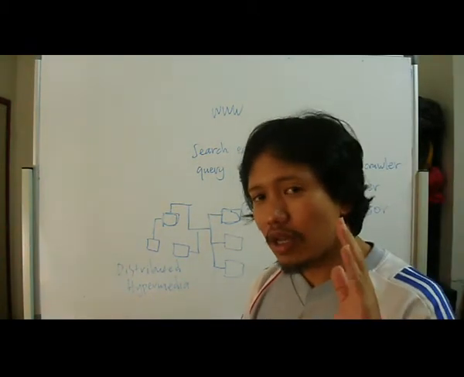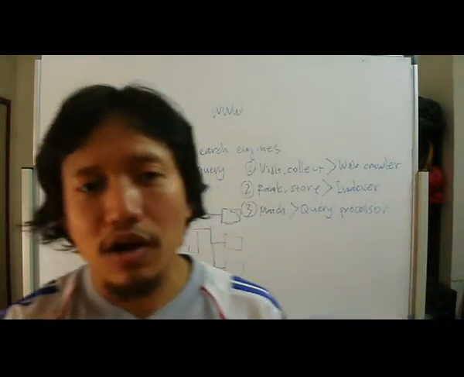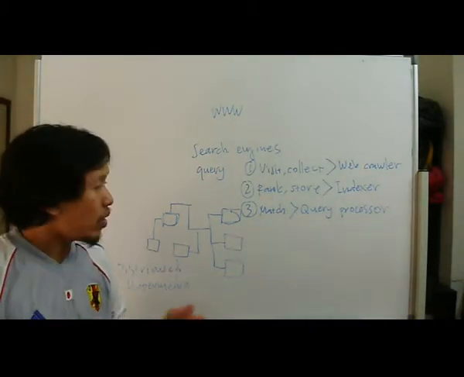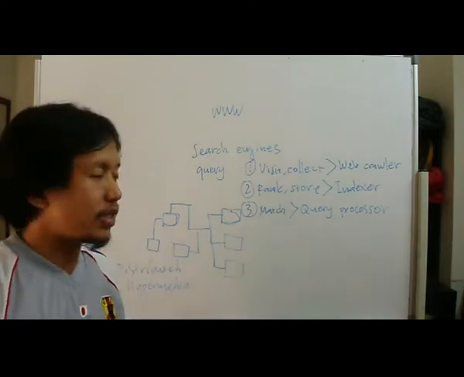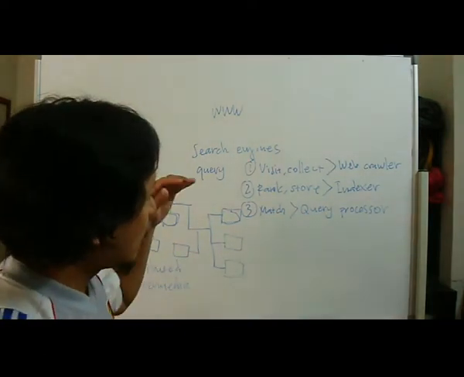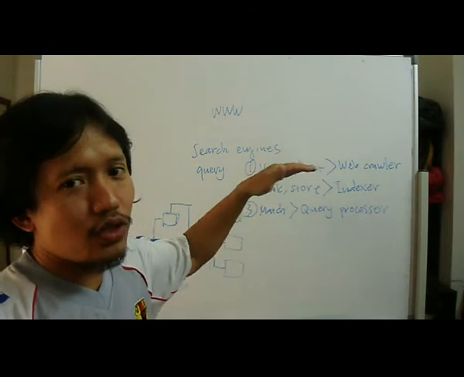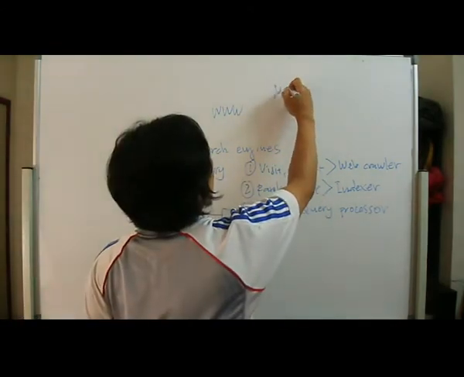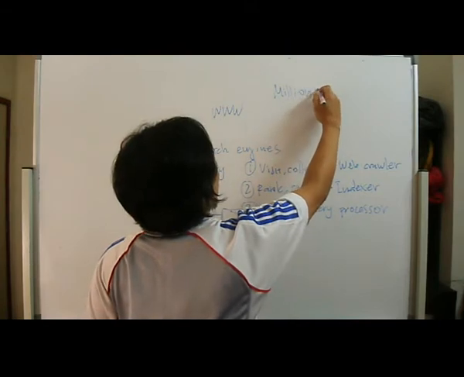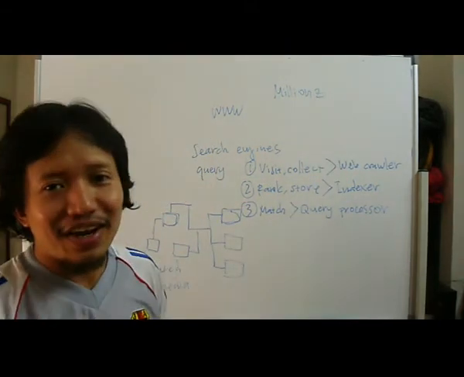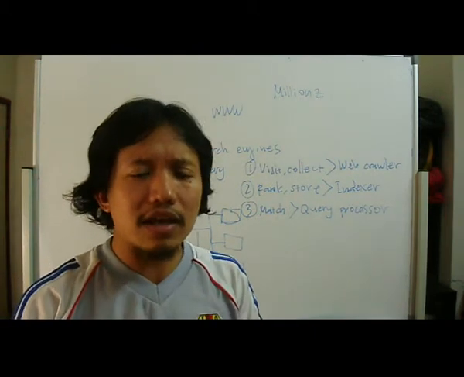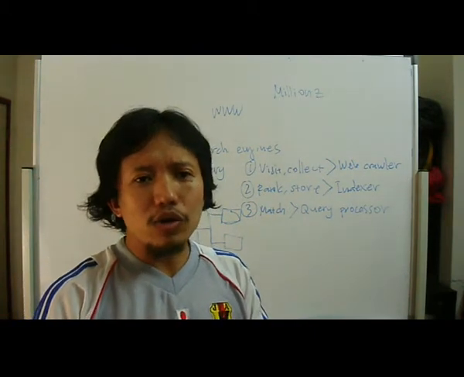Now, I think you have conducted a lot of online searches before. And when you do this, you will notice that the search result is in the millions. Millions, right? Or maybe even billions, in some cases, 1 or 2 billion.